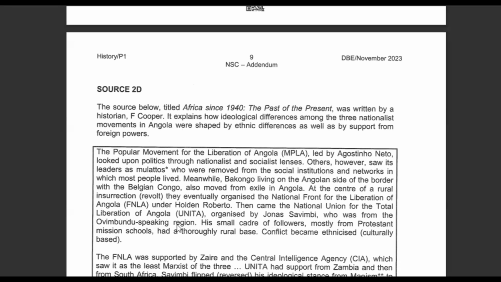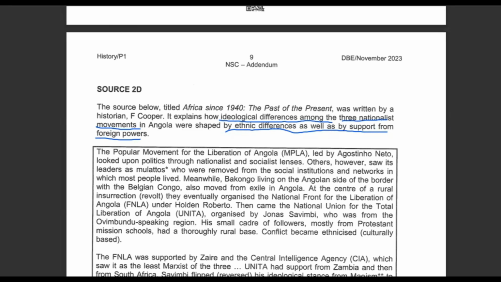That is the first thing, the past and the present. It was written by a historian called F. Cooper. It explains ideological differences amongst the three nationalist movements in Angola and how they were shaped by ethnic differences as well as support from foreign powers.